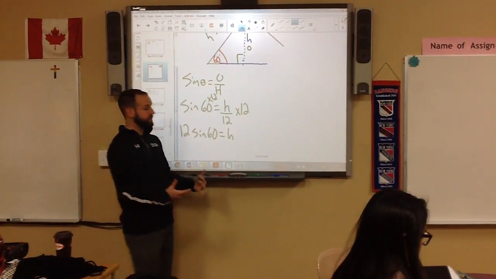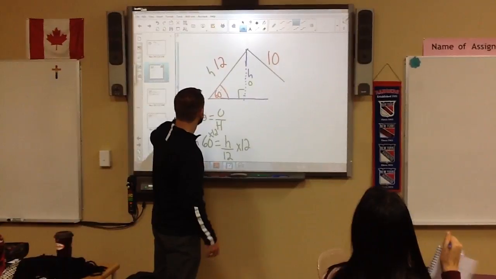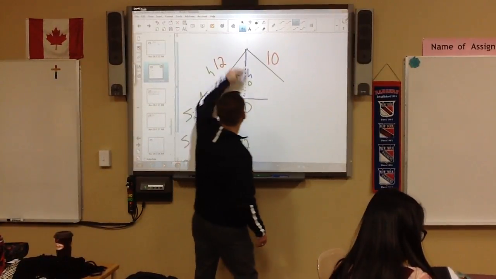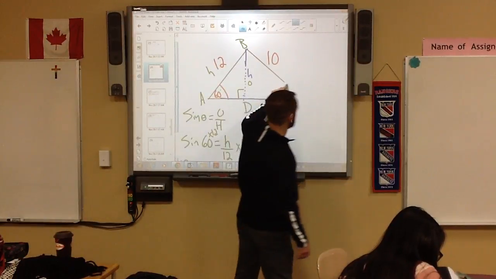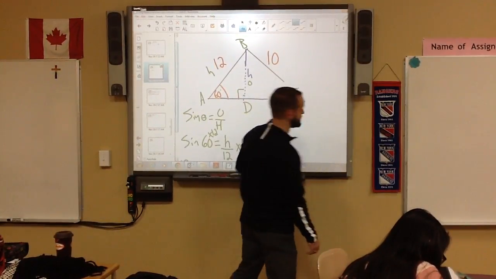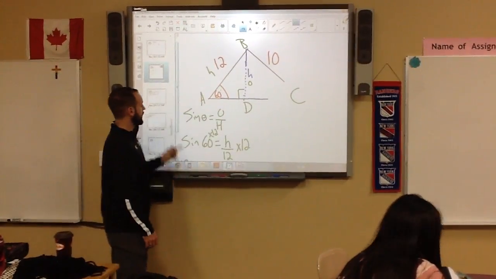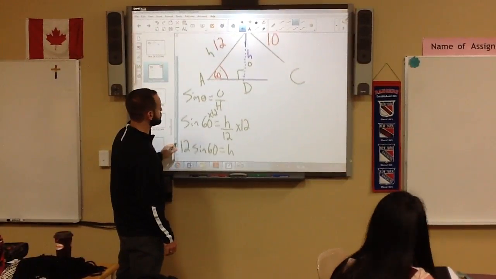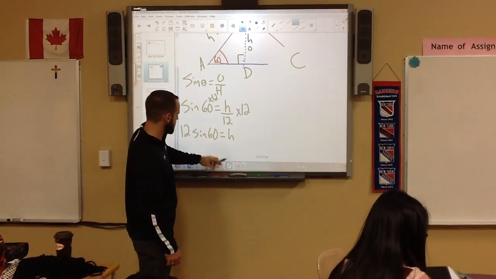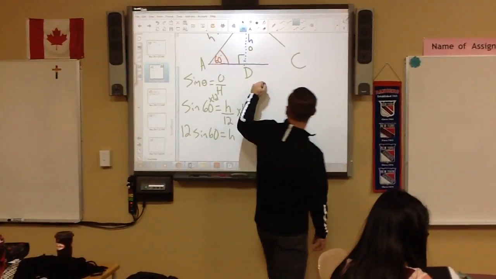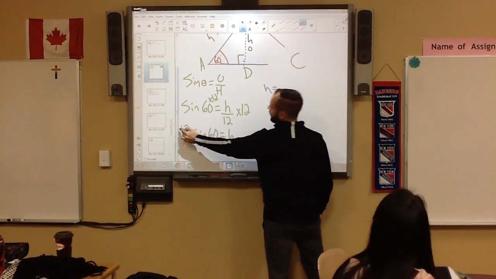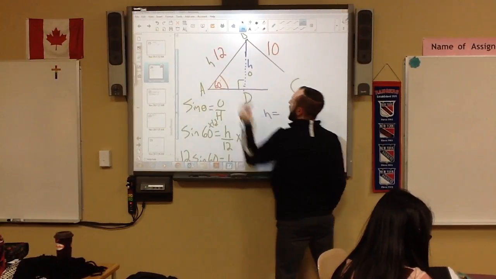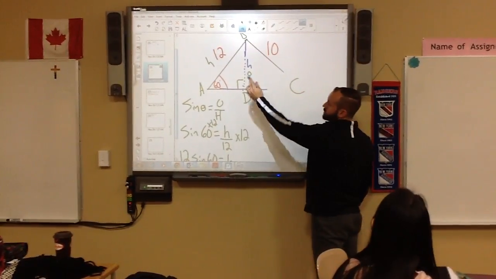The formula that supports that: let's say this is A, this is D, this is B, and this imaginary angle, depending on where it's at, is C. H is equal to the hypotenuse, which we used as 12.